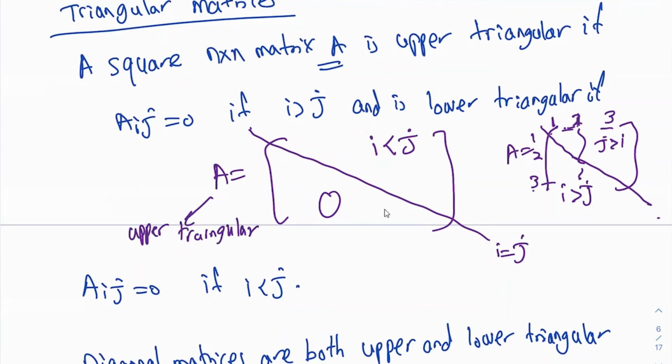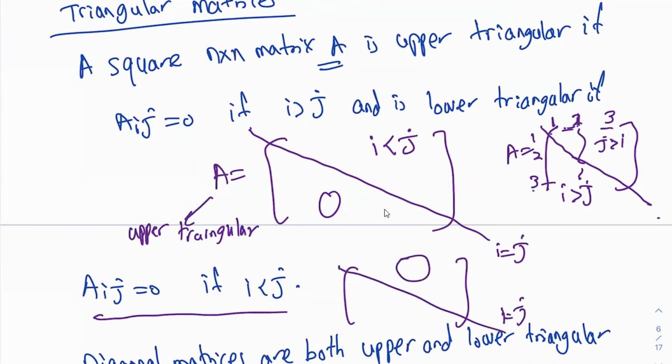For lower triangular matrices, elements above the main diagonal are 0. See? aij is 0 when i is less than j. Refer to this picture. This is where i is equal to j, and this is where i is less than j. Remember the diagram that I had for the example of a 3 by 3 matrix. If elements above the main diagonal are 0, we get the lower triangular. If elements below the main diagonal are 0, we get upper triangular.